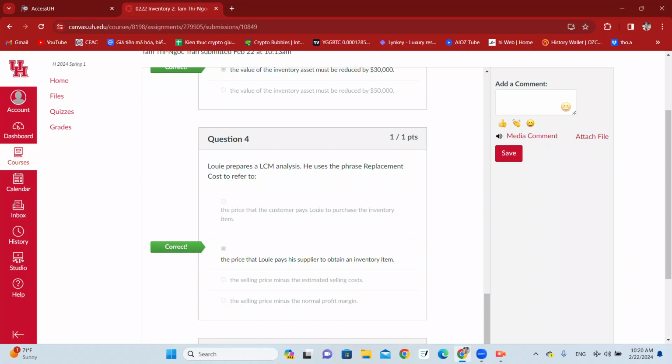So if I had $90 of inventory available for sale, and the cost of goods I actually sold was 30, the cost of the goods not sold, still in ending inventory at the end of the day, is 90 minus 30, or 60.